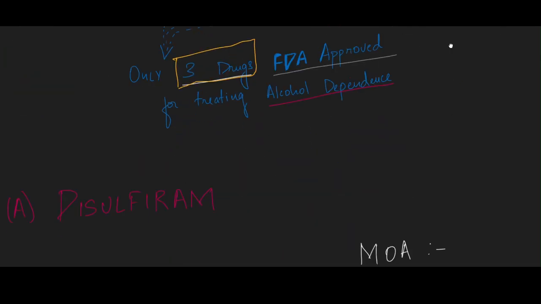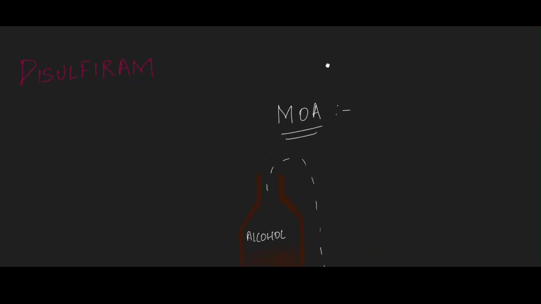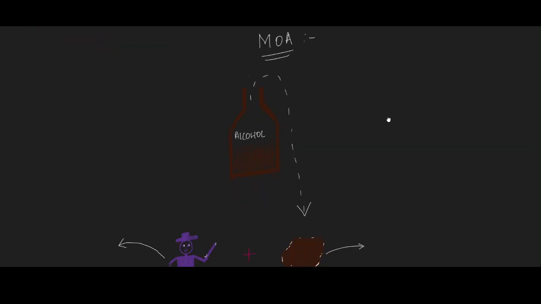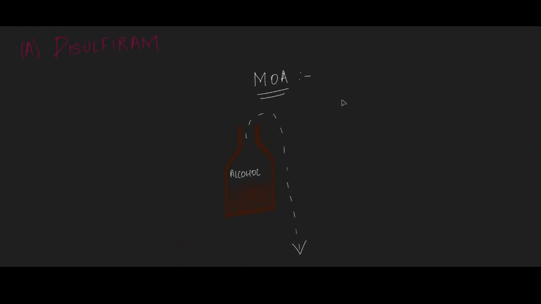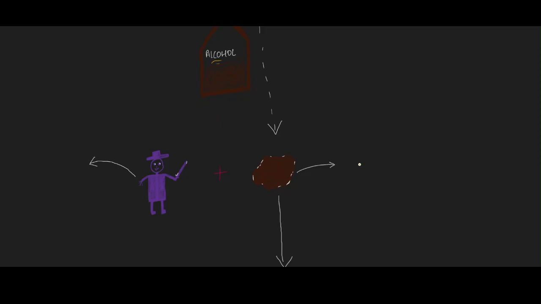Now, coming to the first drug, which is Disulfiram. I'll be explaining the mechanism of action of Disulfiram. So how does Disulfiram work? Now let's assume that I consume alcohol. So this is the alcohol, as you can see. Don't mind the color. Let's just say that I consume alcohol, and this is ethanol.